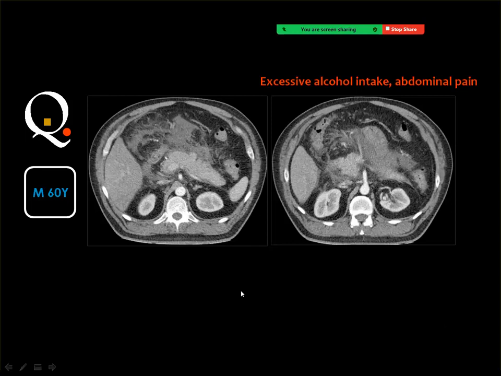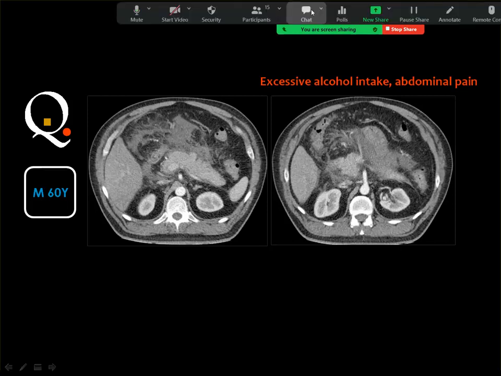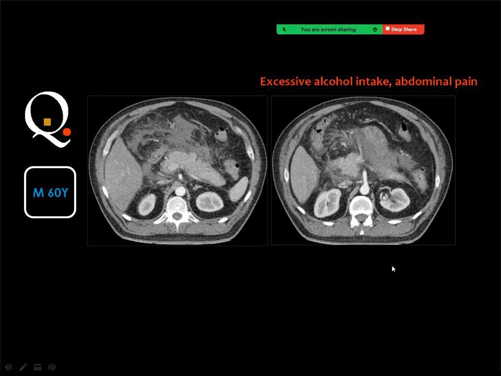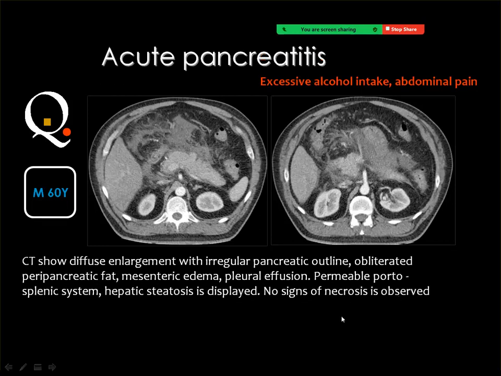Next case is a male, 60 years old, with excessive alcohol intake, presenting with acute abdominal pain. Acute pancreatitis. Yes, and this is a straightforward case of acute pancreatitis.